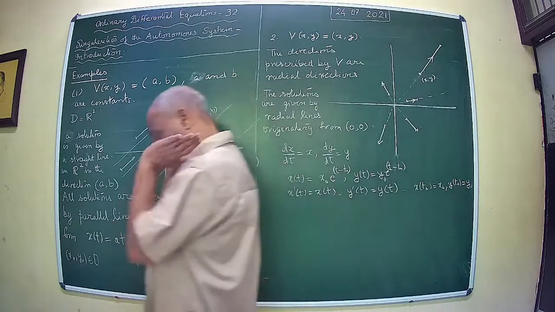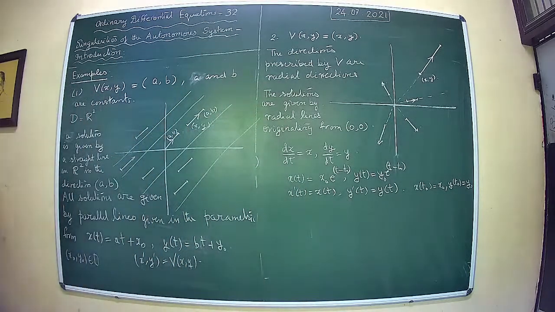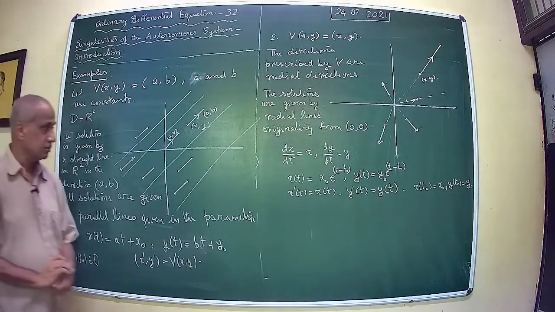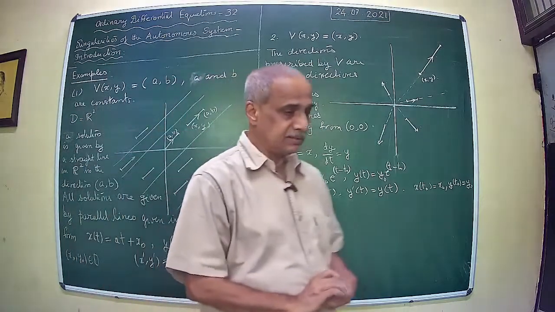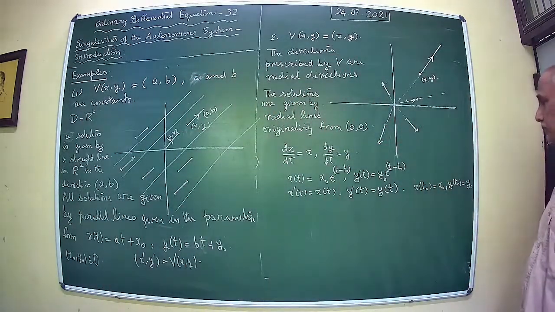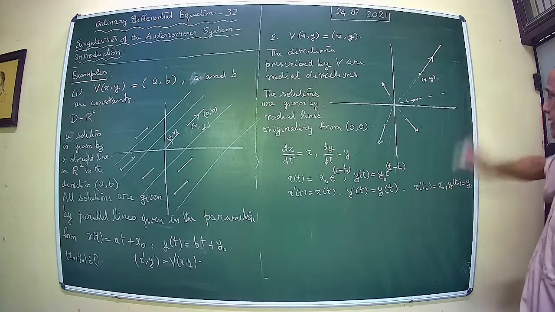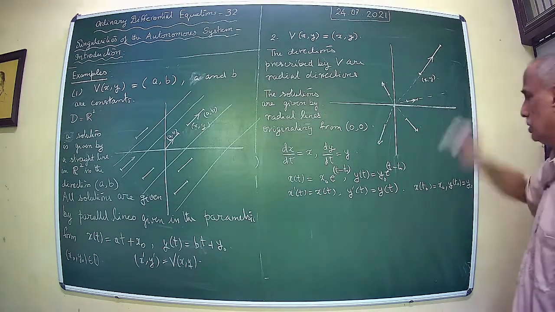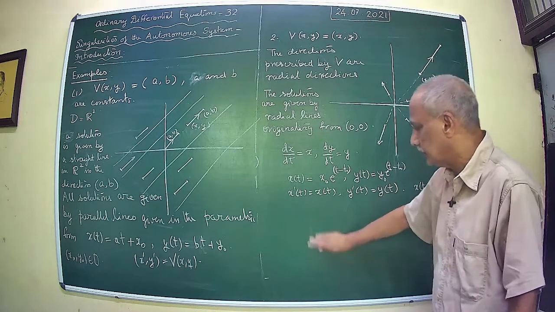So this defines all solutions. Okay, right? And there is some problem at (0, 0) that we will not bother with. So you have all radial lines giving you solutions of the differential equation.